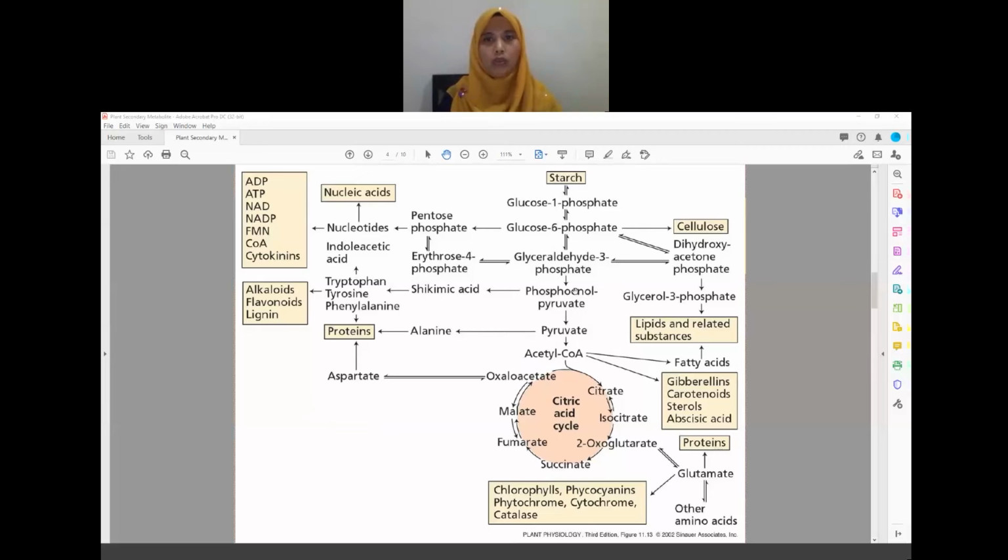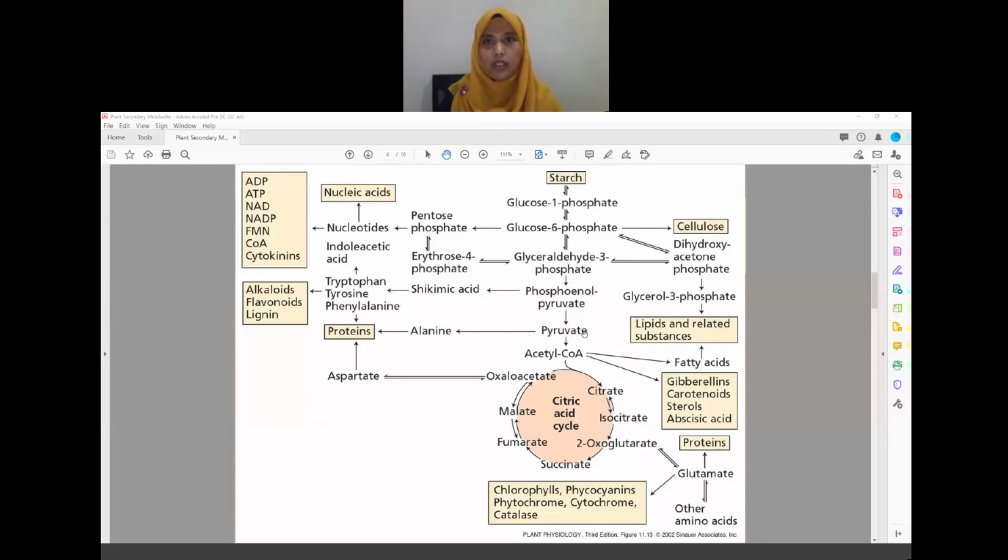So how do plants produce the proteins, the lipids, and also the cellulose, the form of the carbohydrate and the protein. So as we can see here, the secondary metabolites are the overspill of this primary metabolites.